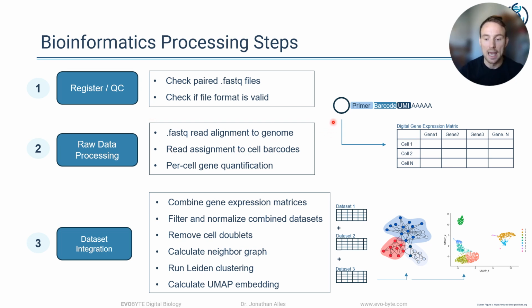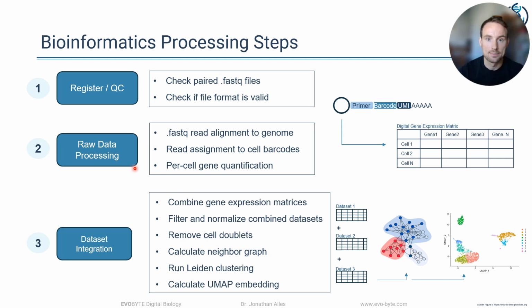And in the end, we end up with a digital gene expression matrix. And this basically contains, for each cell that we sequence, or each cell barcode here in the rows, the gene counts in the columns. And again, we store these digital gene expression matrices together with additional QC files that come from the single-cell pipelines in our database.